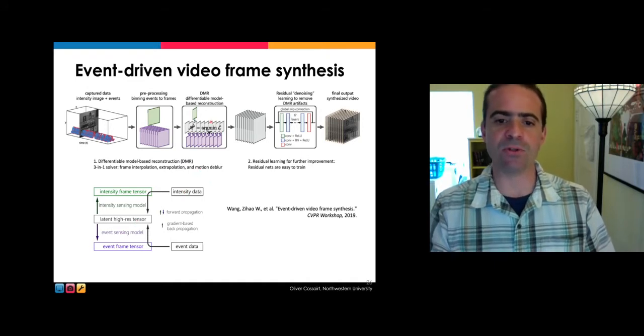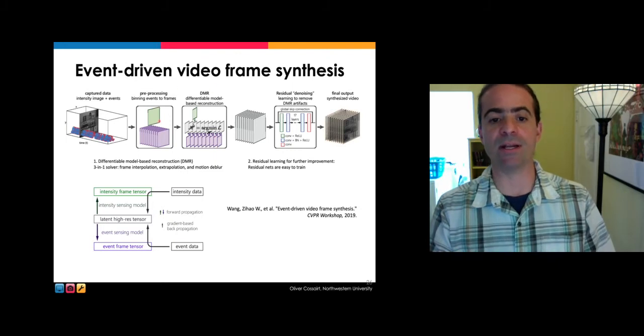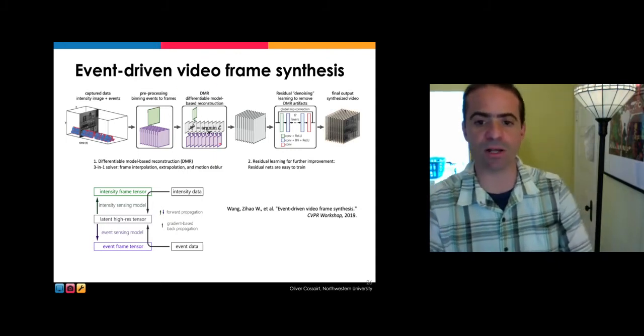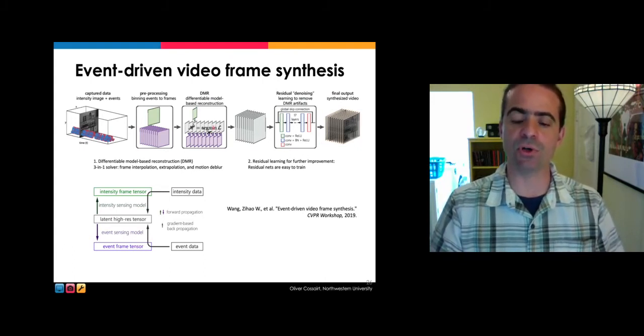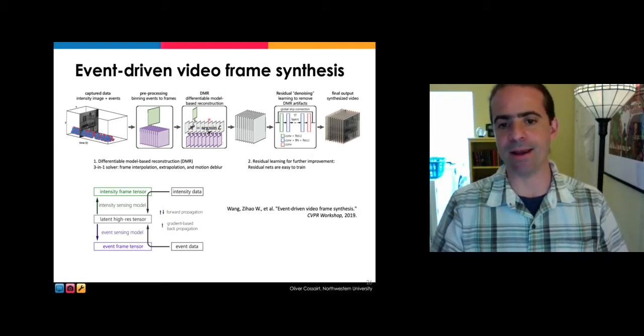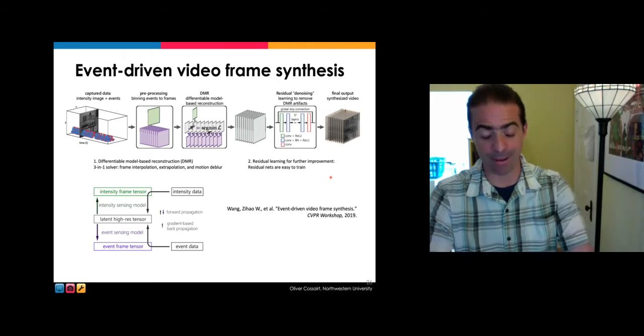And then this gives us an approximate solution using only a physical model without any sort of priors on the reconstruction process. And then we feed this through a residual learning network, which essentially is trained to learn the difference between the reconstruction that you get using only your physical model and the errors that can be learned to be corrected from a data set of event-video pairs.